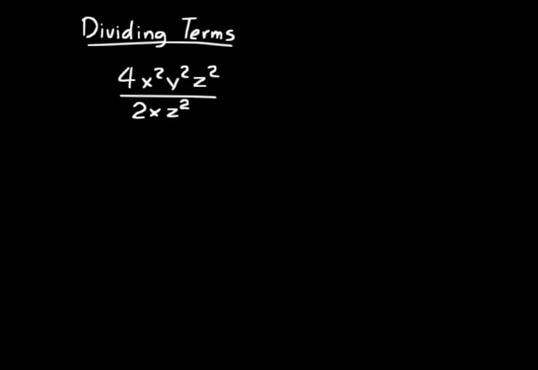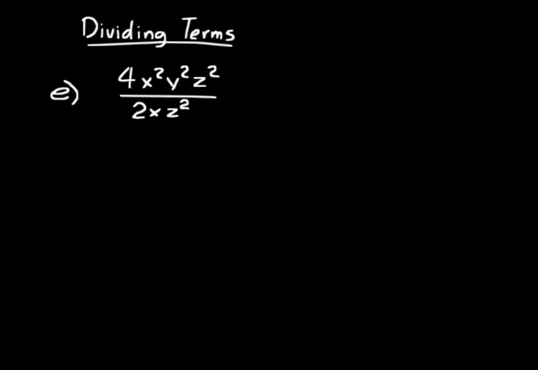Now let's talk about dividing terms. This is the second part of the lesson, and let's just learn about this by doing some practice problems. What you should do to divide terms like this is break them up into individual factors. For example, x squared, make that x times x, and y squared, y times y, and so on. And then you can see clearly what you need to cancel.